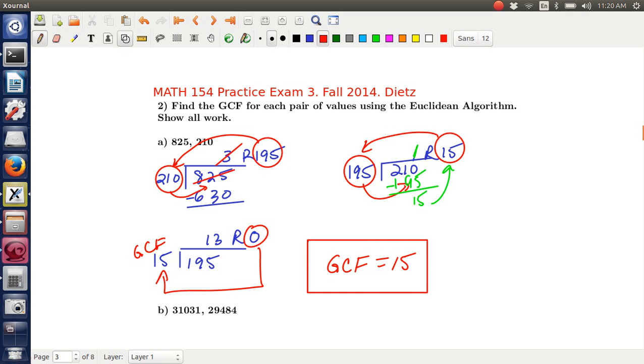Okay, now what we want to do is check. Again, if it's not stated, then it's optional. We want to say 825 is equal to 15 times something, and 210 is equal to 15 times something.